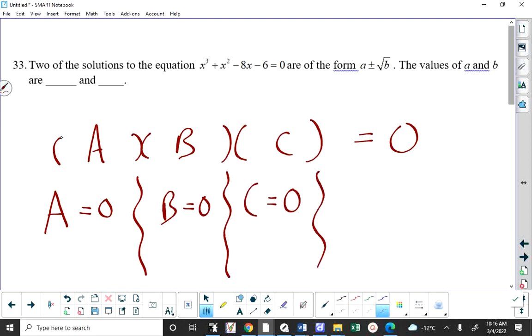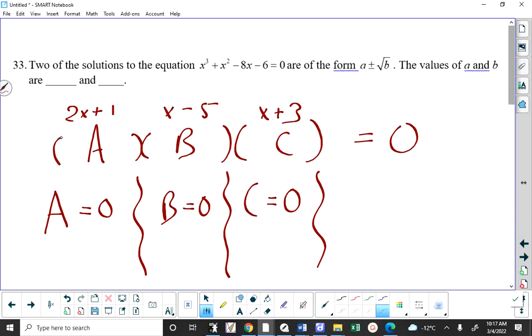Kind of like quadratic, where if this were 2x plus 1, and this were x minus 5, and this were x plus 3, you would set 2x plus 1 equal to 0 and say x equals negative 1/2. You would set x minus 5 equals 0 and say x equals 5, and then x equals negative 3. So I think you understand that.